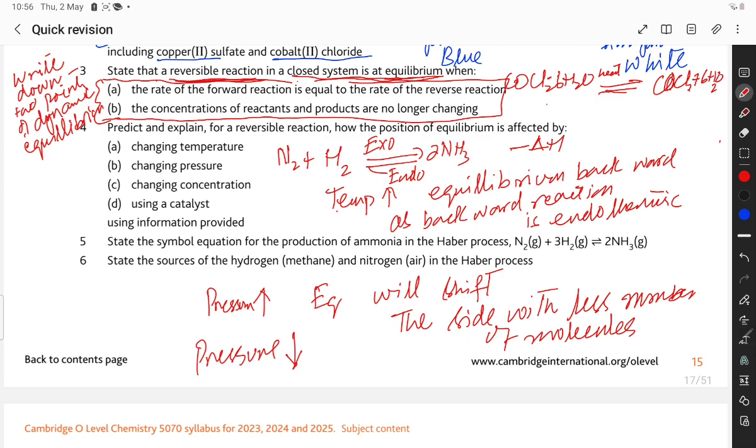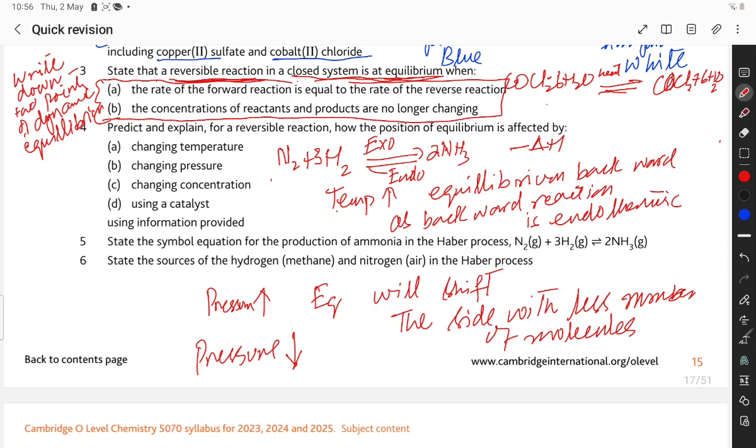Changing concentration, for example, if you increase the concentration of ammonia, the reaction will shift backward to counteract the change. And if the reactant hydrogen is increased, the reaction will shift forward, making more ammonia.